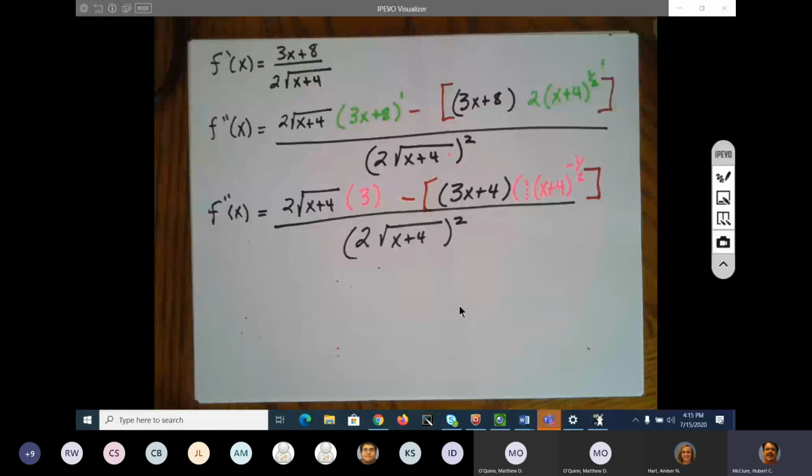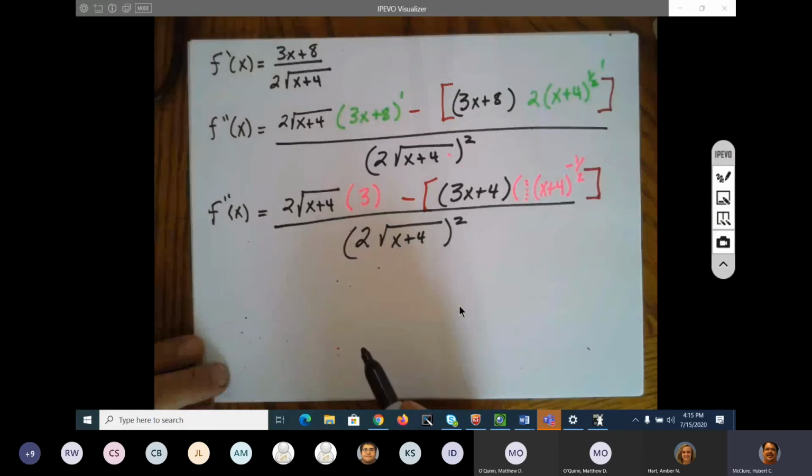Y'all probably sick of me saying that. But a lot of people think calculus is hard. It's not. It's the algebra that gets you. Because I guarantee you, there's a lot of people, if you walked up to them and gave them this right here, they couldn't do it. And we've already done the calculus.